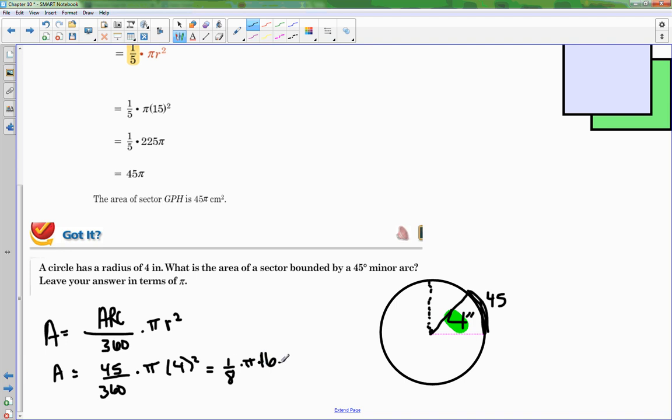So let's shuffle this around a little bit and go, this is 16 over 8 pi. 16 over 8, we know that is 2 pi. So leave your answers in terms of pi. So the answer to this is 2 pi inches squared.